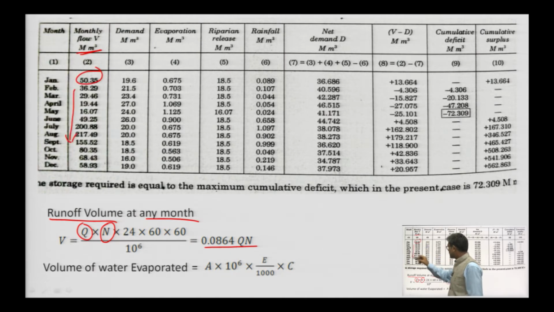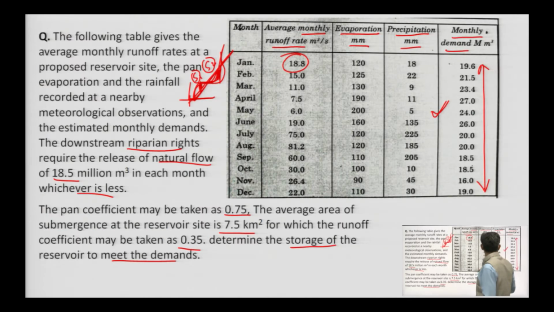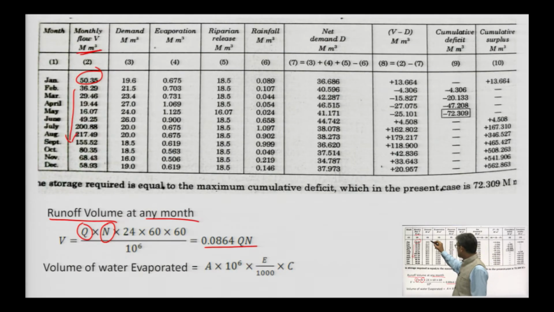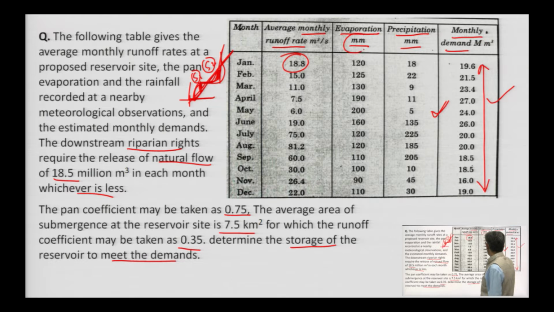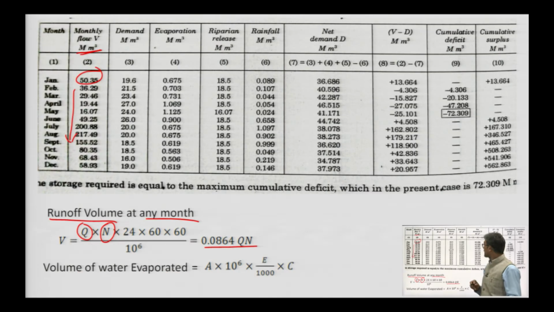Similarly, for the remaining months we have calculated the value of monthly flow. Demand is the data shown in this column, which is given to us. Evaporation is given in mm and the area is given to us, so evaporation in million cubic meters has been calculated.